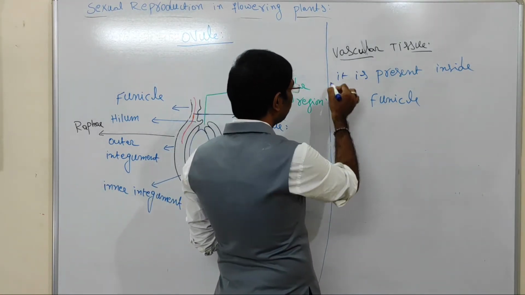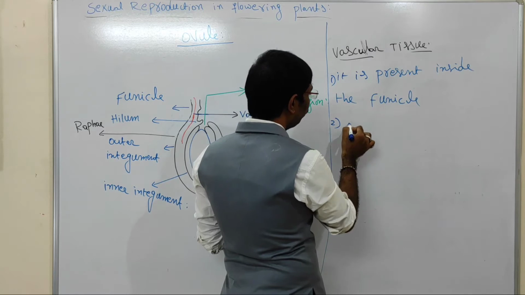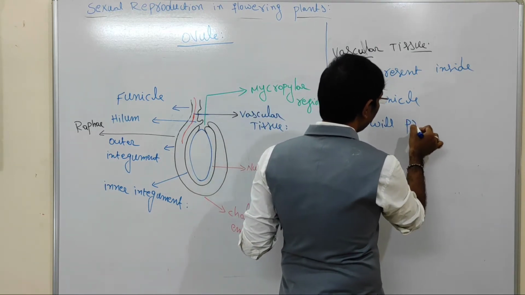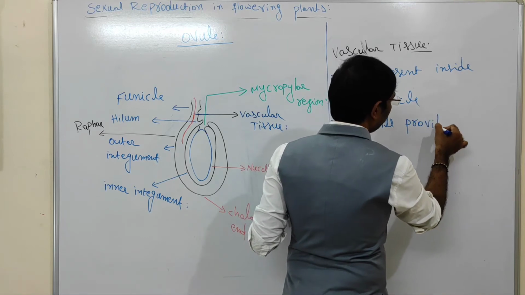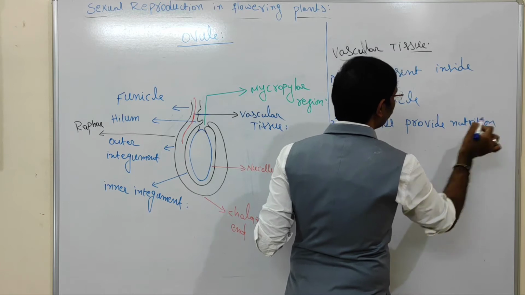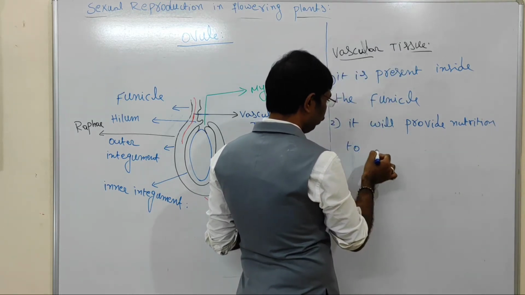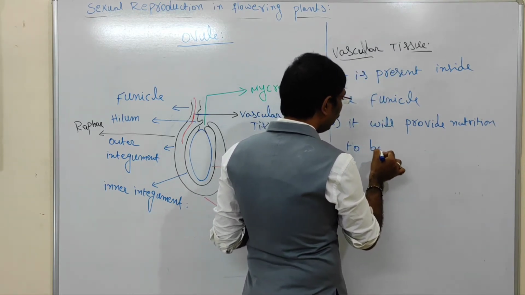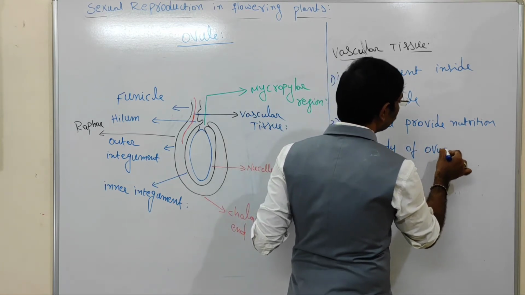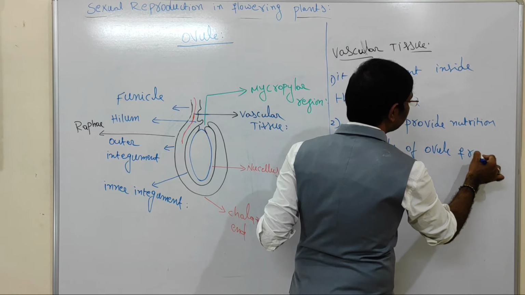The vascular tissue will provide nutrition to the body of ovule from the placenta.